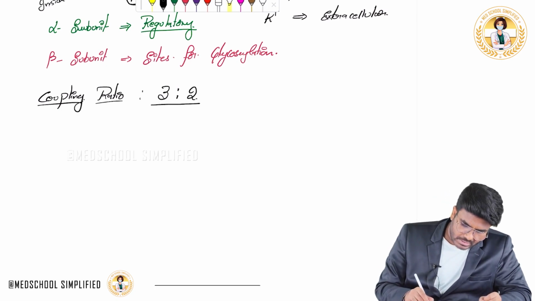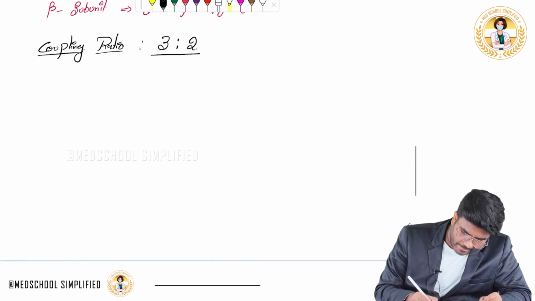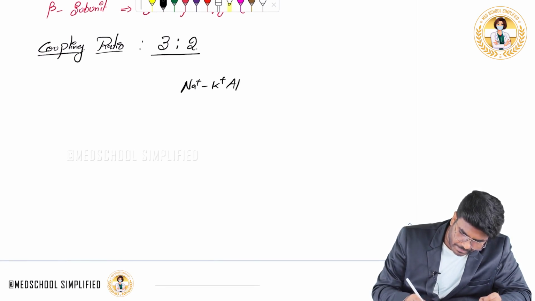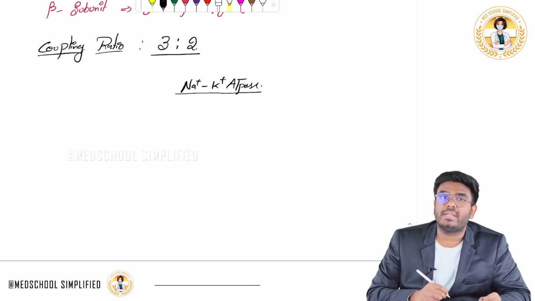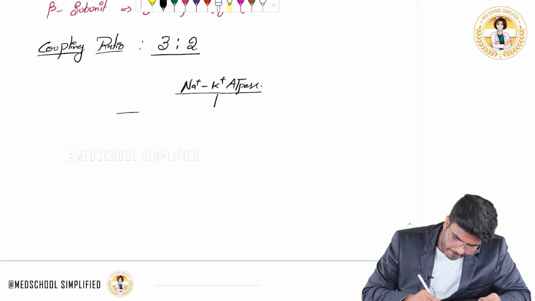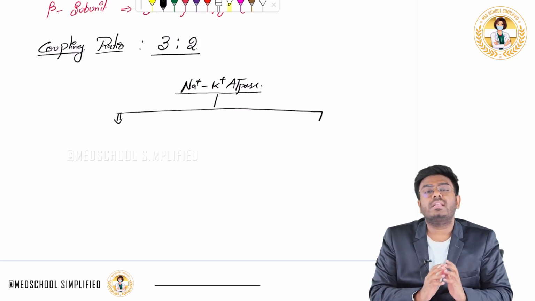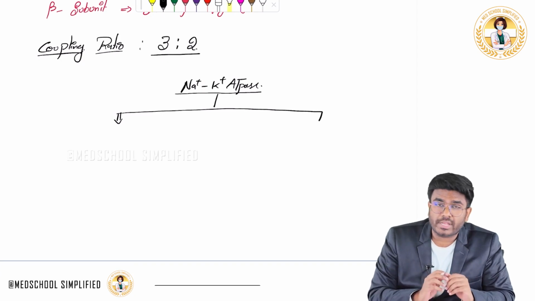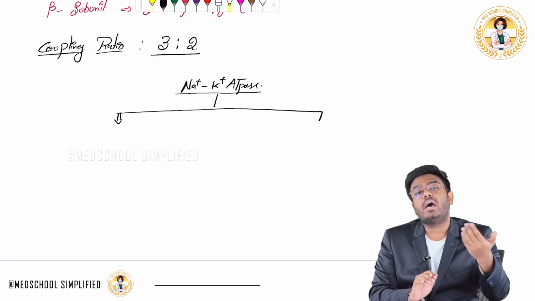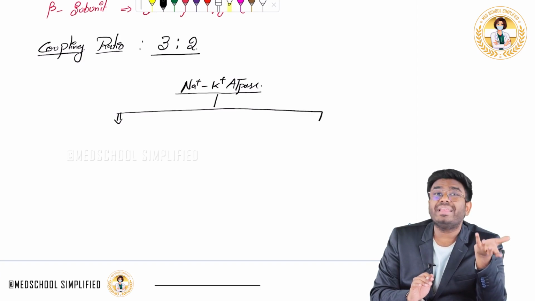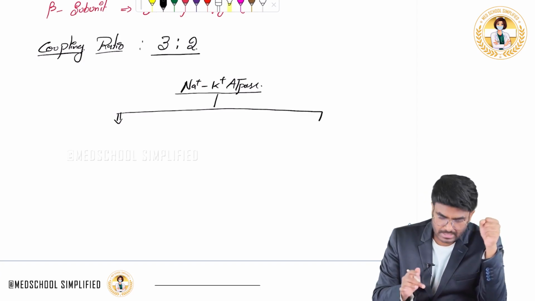Next, the sodium potassium ATPase activity. The activity of the sodium potassium ATPase is regulated by whom? There are certain hormones which will activate the sodium potassium ATPases, and there are certain hormones and substances which will inactivate them.